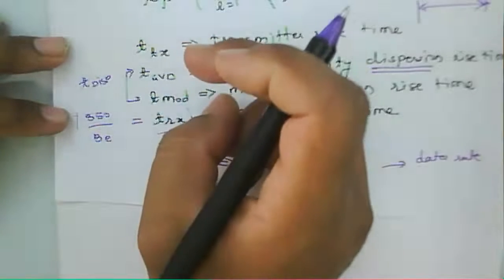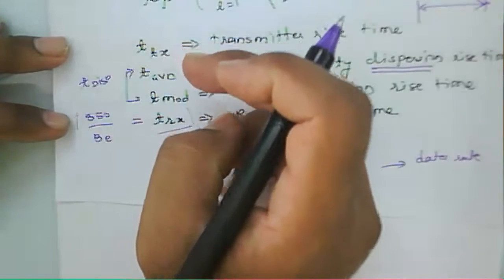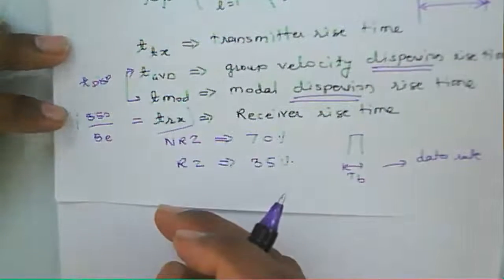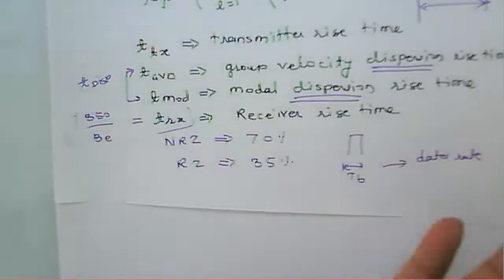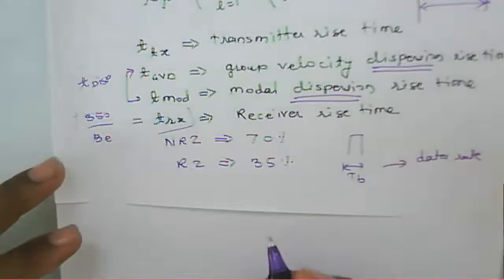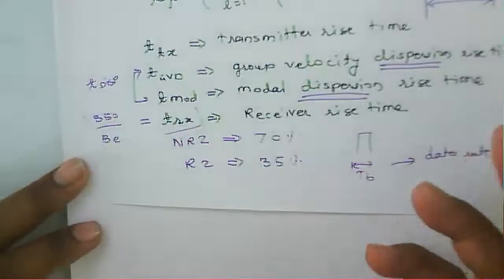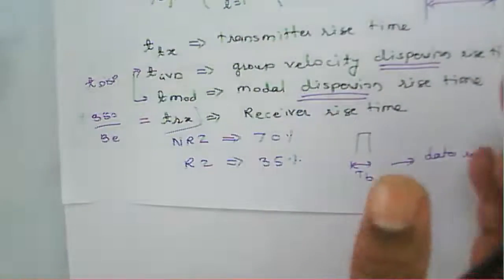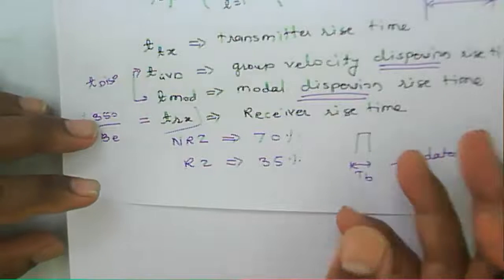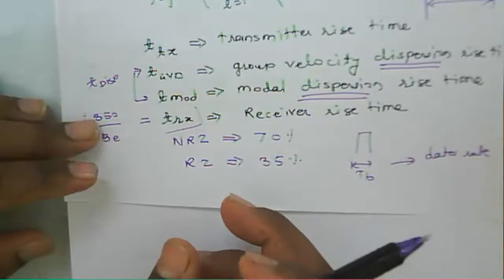Similarly, we need to find out the transmitter rise time, because the pulse we are transmitting has a rise time that we can obtain directly. On the input side it is fixed, but at the receiver side it depends upon the receiver bandwidth.